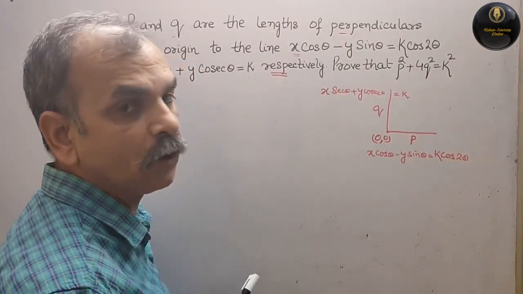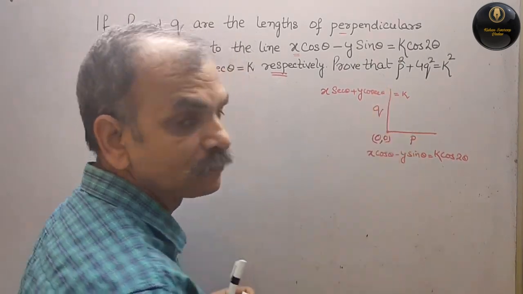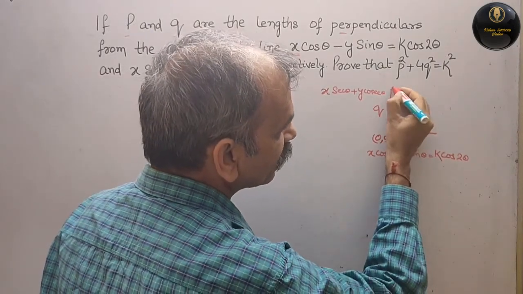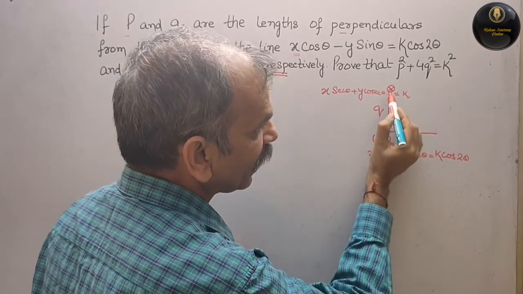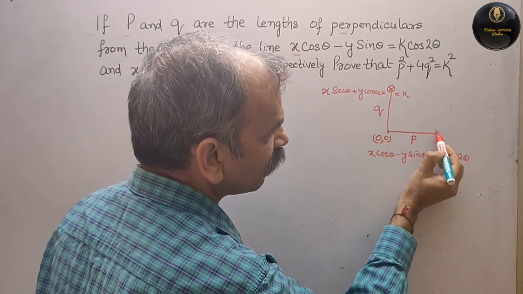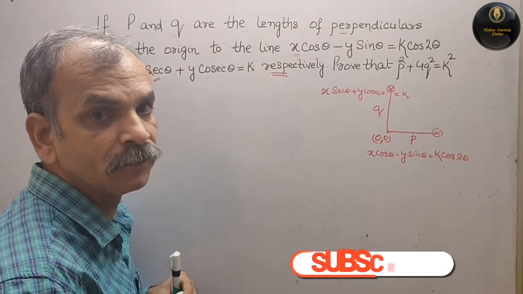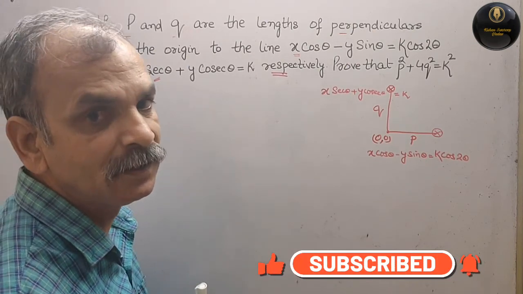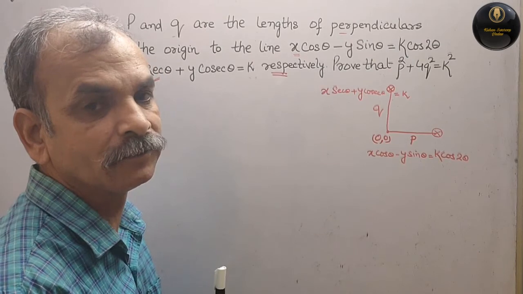First we will find out the distance between this point and the line. That means suppose this is the line, and we take the distance from this point. So we have to take the distance between the line and the point.